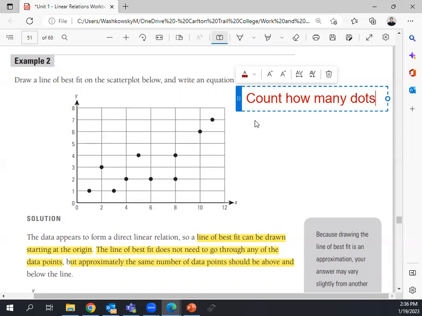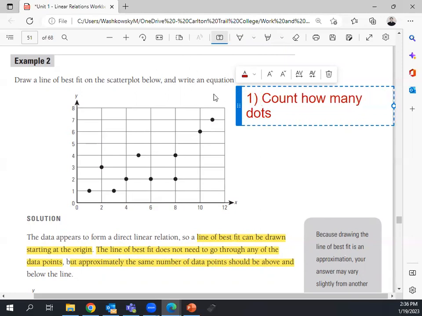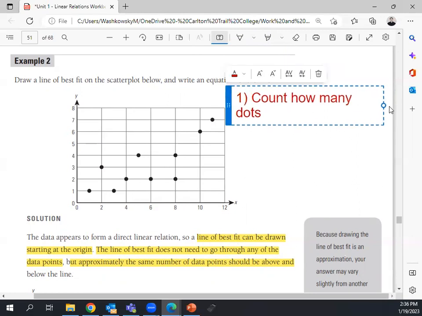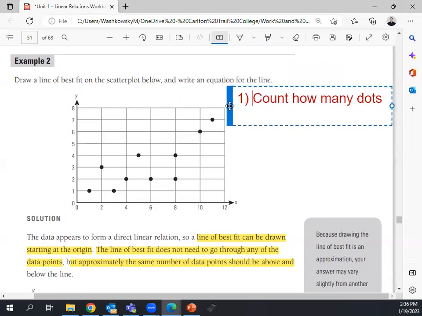When you're doing this, the first thing you want to do is count how many dots. You want to figure out how many points are on this. In this case, we have 1, 2, 3, 4, 5, 6, 7, 8, 9, 10. So I have 10 points here.